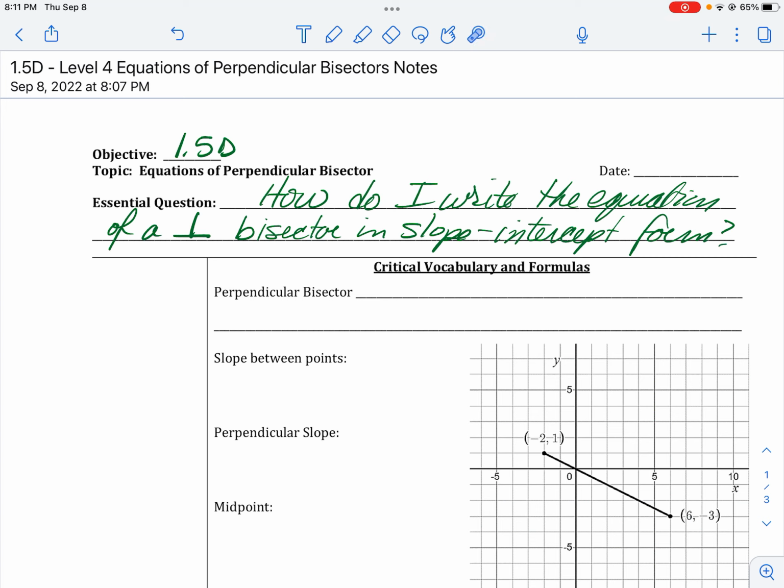So we know what lots of those things mean. We know how to write an equation. We know what slope-intercept form is. Now we just have to figure out what a perpendicular bisector is and how it works.